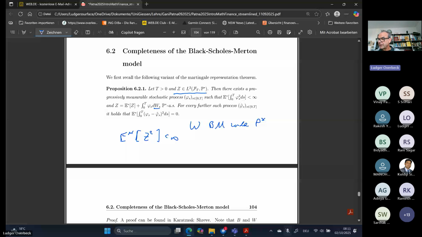And remember our claims, at least discounted. Our price is always the discounted, and it's a martingale under P star.